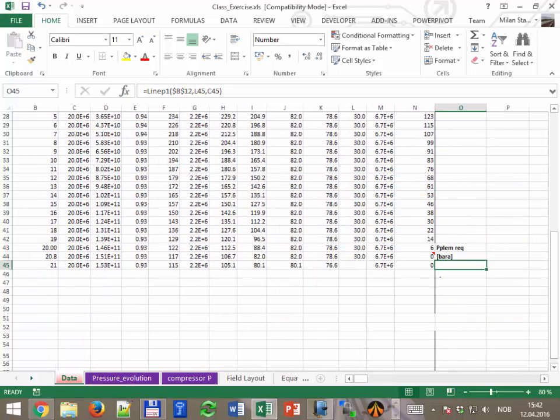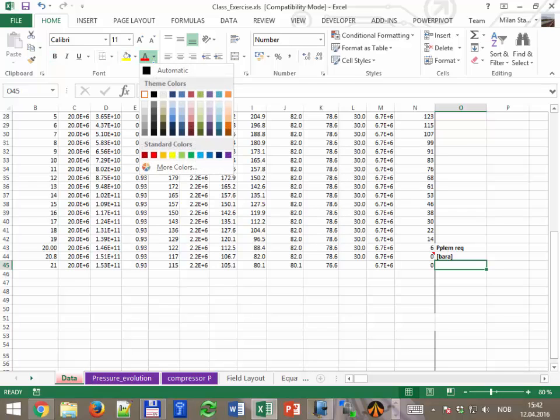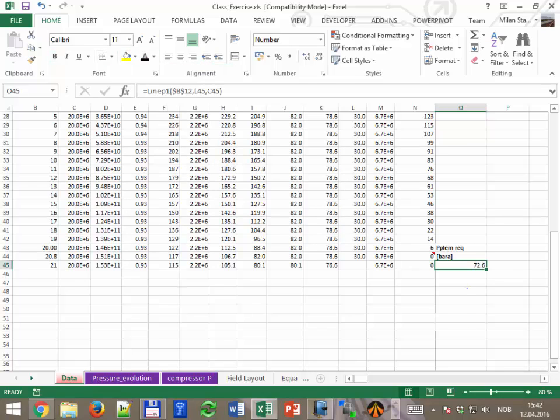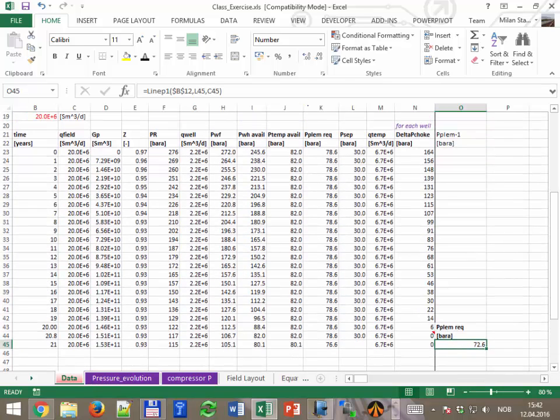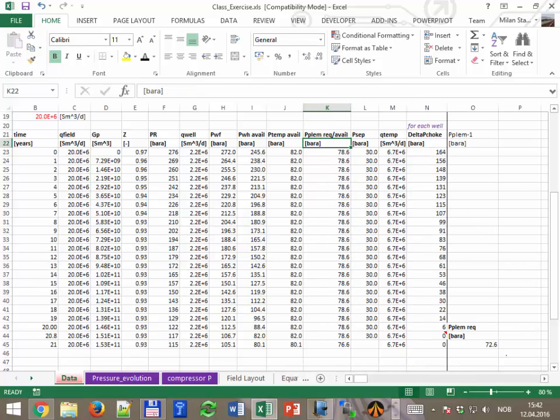Okay. And they should be in black. Okay. So you see they are different. The required is greater than the available. Okay, this up to this point is available. So let's put here available. Okay, the required.